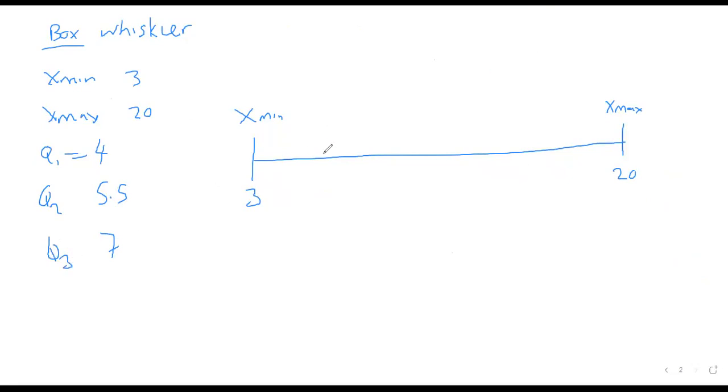So we could draw the diagram. So our 4 is here. That is 4. Then we have a 5.5. So this is our Q1, our Q2, 5.5, and our Q3, 7. The difference between this and that is called the interquartile range.